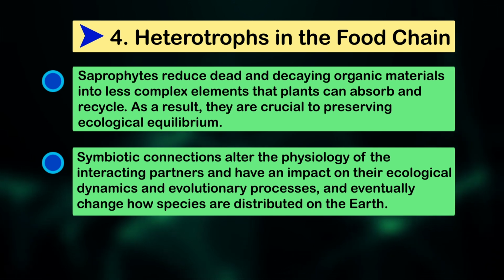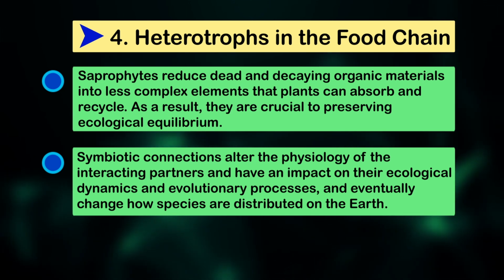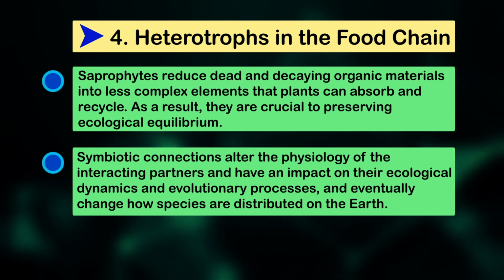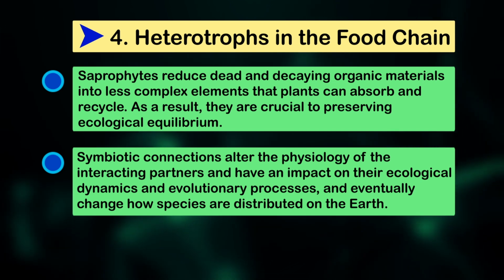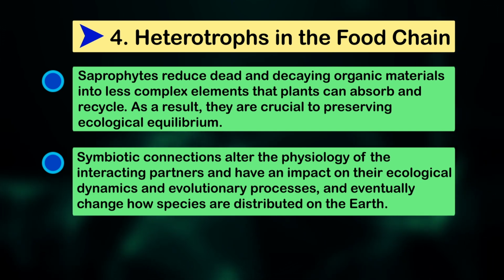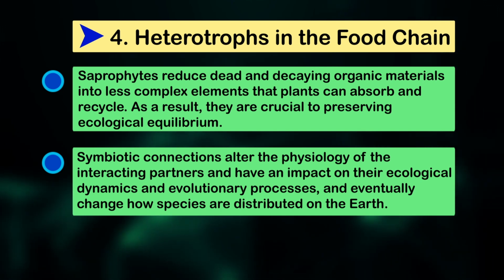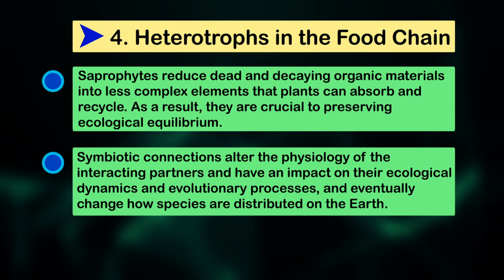Symbiotic connections alter the physiology of the interacting partners and have an impact on their ecological dynamics and evolutionary process, and eventually change how the species are distributed on the earth.